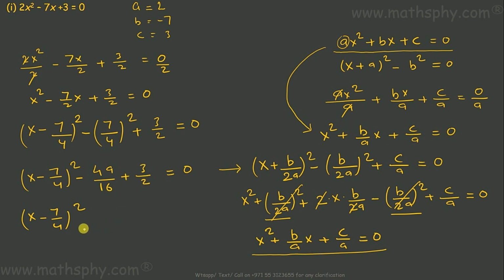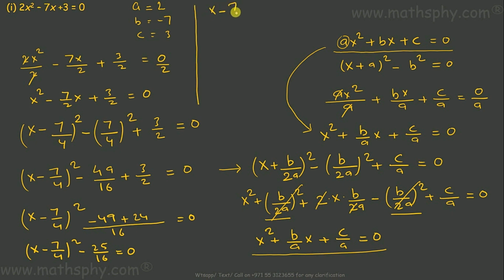So this will be minus 49 plus 24 equals 0. This is x minus 7 over 4 whole square minus 49 minus 24 gives you 25 over 16 equal to 0.